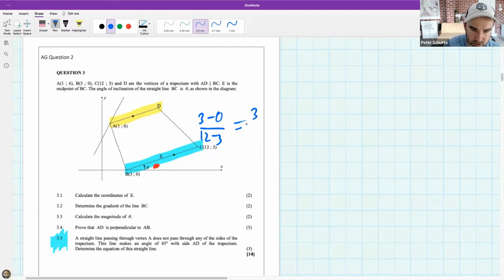And so this is 3 over minus 9, no, I must have done something wrong there. 3 minus 0 over 12 minus 3, so it's positive 9, 1/3. Now, because these lines are parallel, it means they have the same gradient. But if they have the same gradient, they also have the same angle of inclination. Okay, so give me a thumbs up if you understand what I mean.